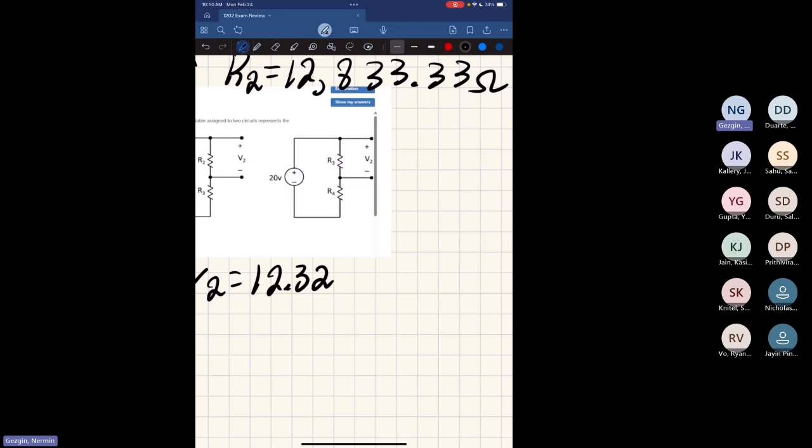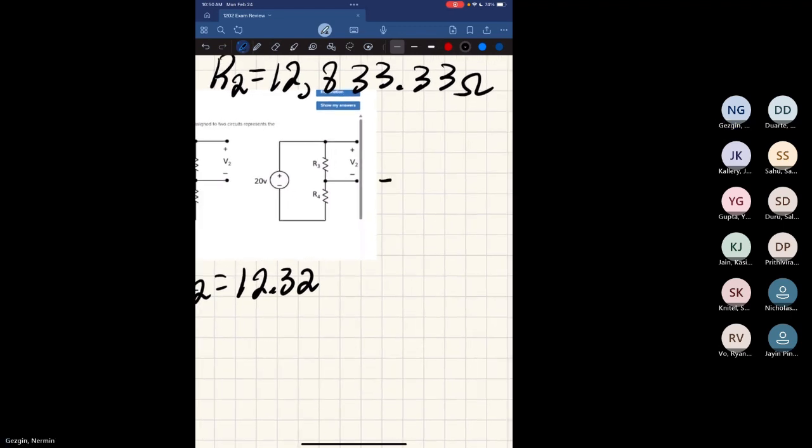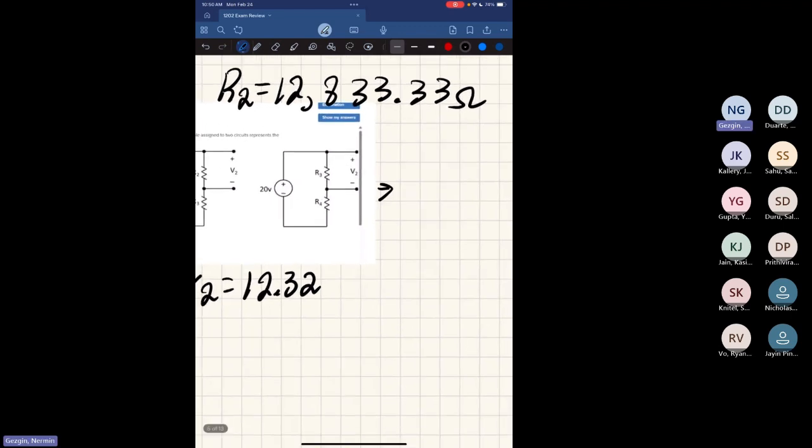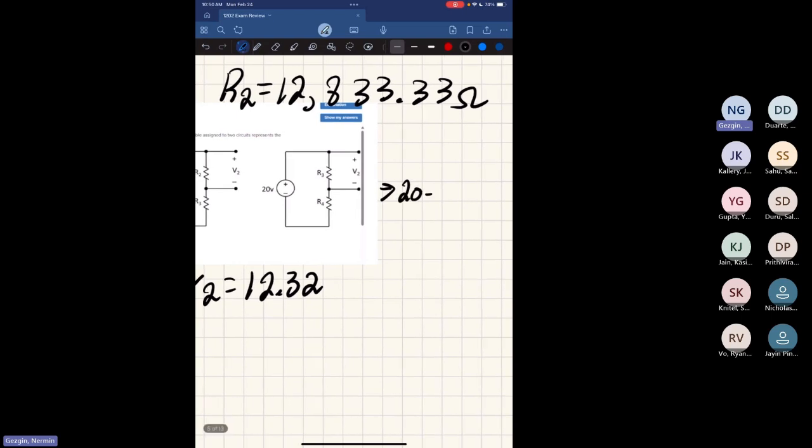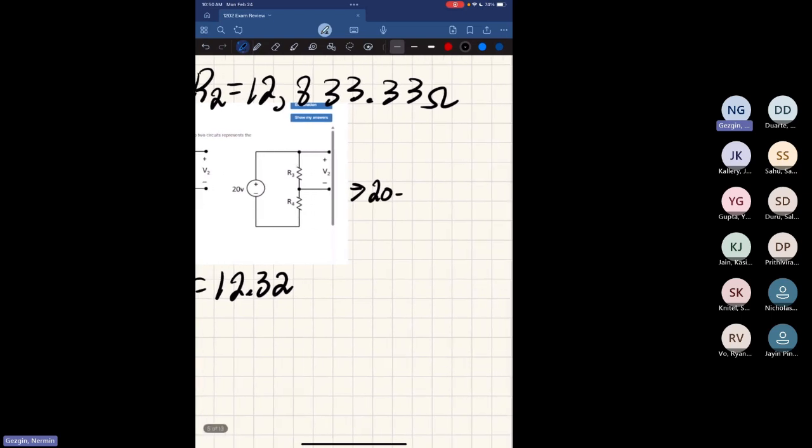So the value of this node is going to be 20 minus 12.32, which equals 7.78. Let me check real quick, actually. No, 7.68. Good thing I checked.